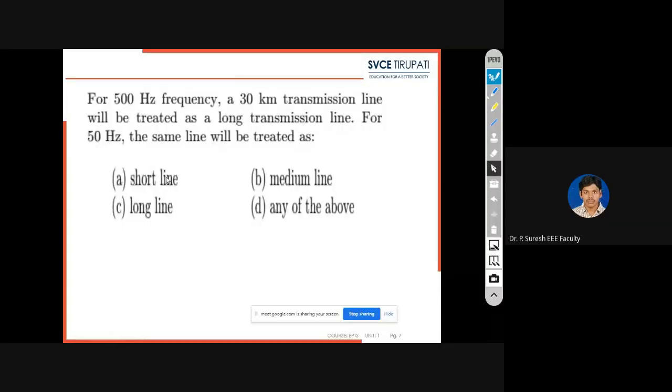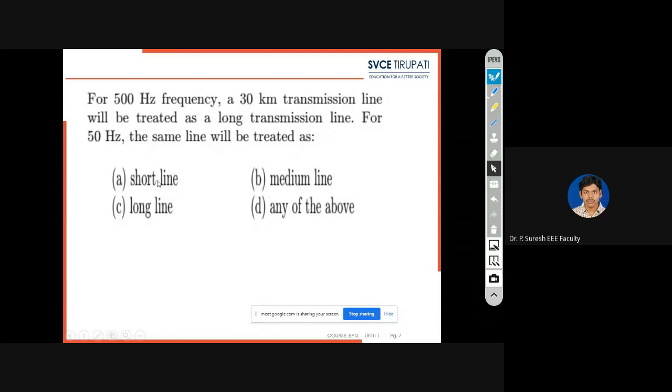Frequency means number of cycles per time. So how do you say that it is a short transmission line? There is only a change in the frequency.